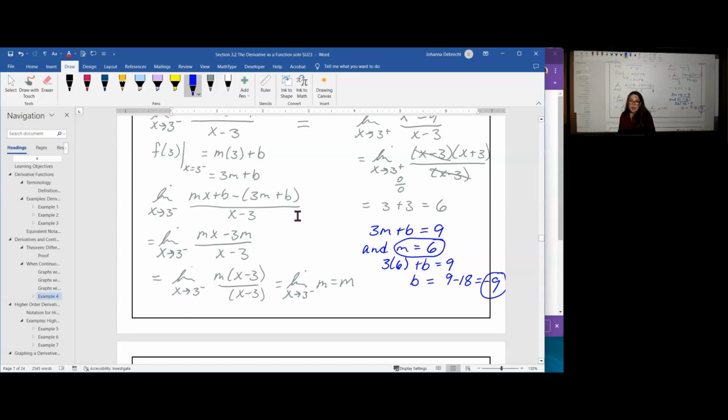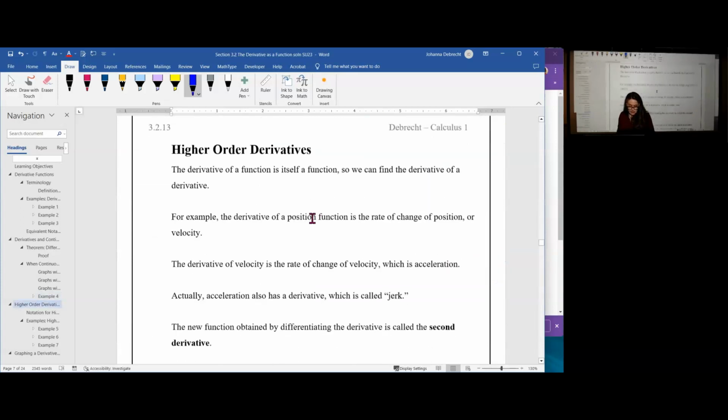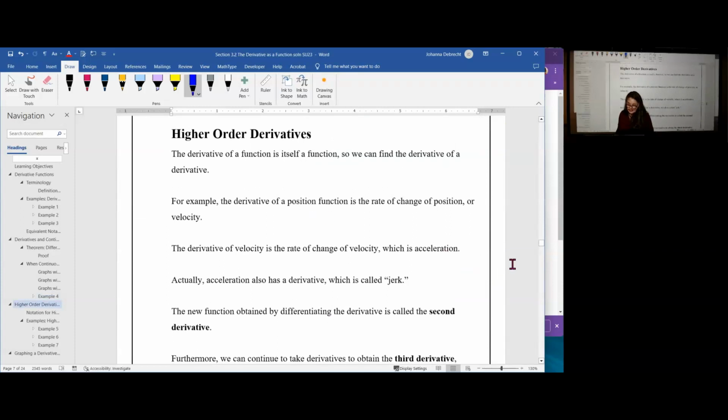Let's now look at some higher order derivatives. The derivative of a function is itself a function, so we can find the derivative of a derivative. For example, if we think about the position function, where you are at a point in time, let's go with miles, then we know that the rate of change of position, and rate of change is the derivative, becomes the velocity, miles per hour.